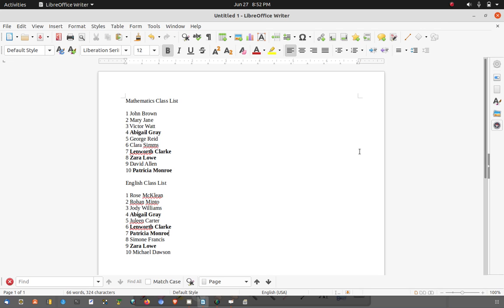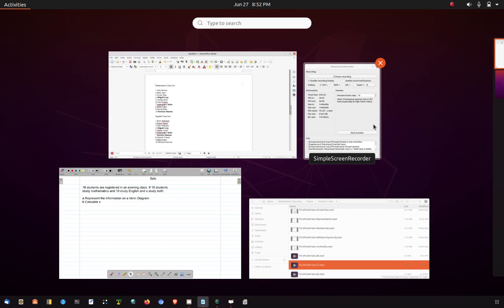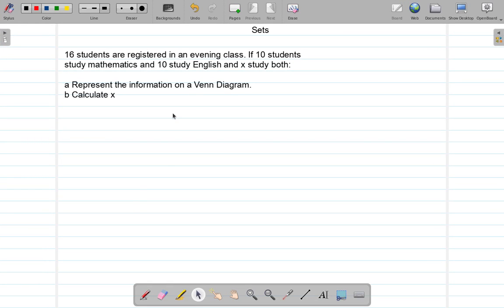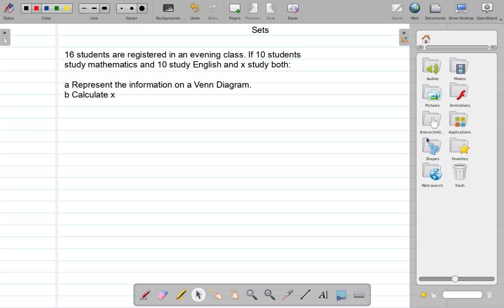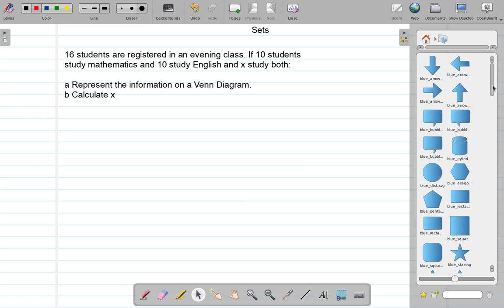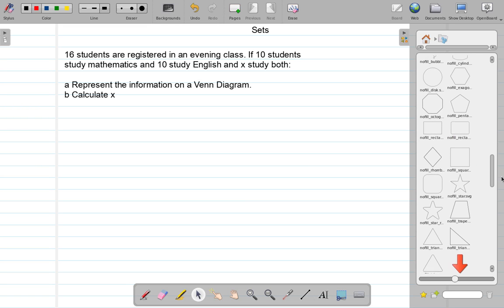So let's go back to our question. We're going to represent the information on a Venn diagram. Let's see if we can get our Venn diagram here. This is what shapes. Let's look at our shapes. We have a rectangle.